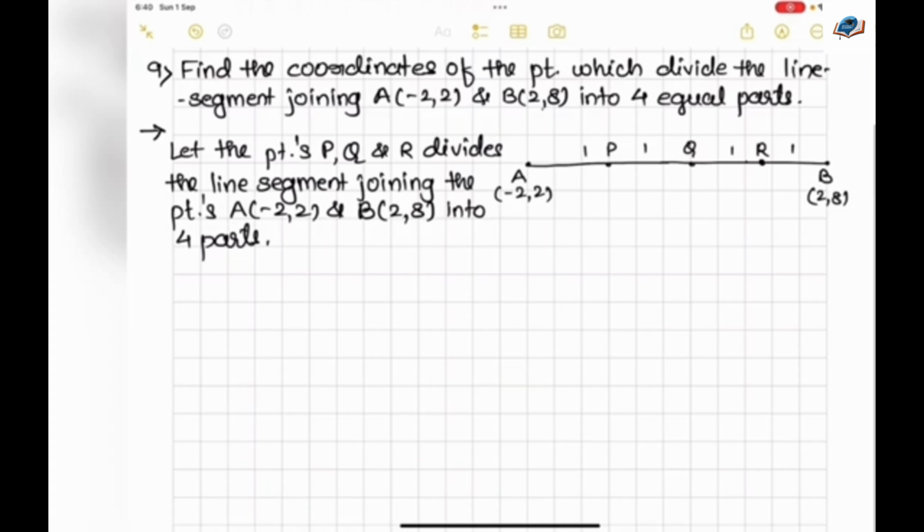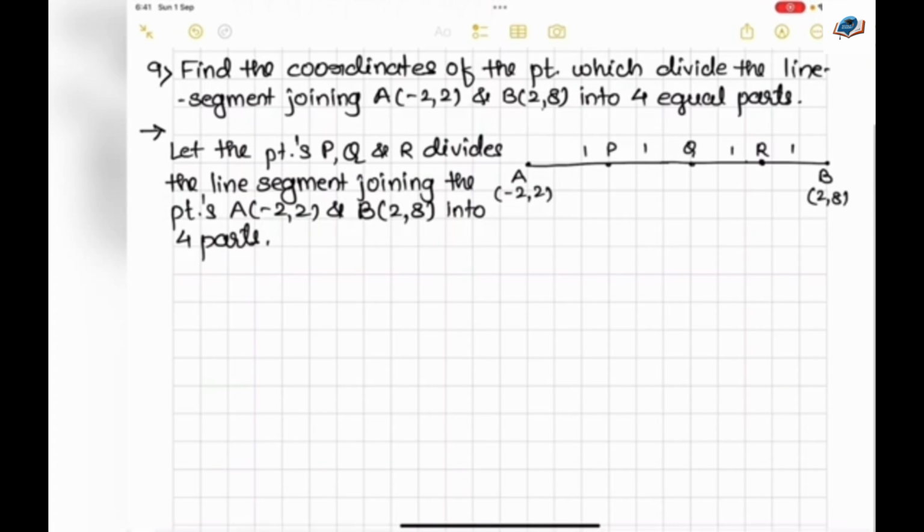Now next question says find the coordinates of the points which divide the line segment joining A minus 2 comma 2 and B 2 comma 8 into 4 equal parts. So here as the question says, let the points P, Q and R divide the line segment joining the points A minus 2 comma 2 and B 2 comma 8 into 4 parts.